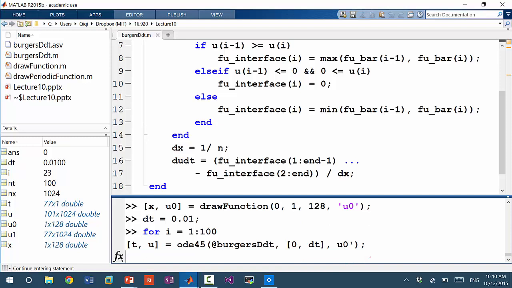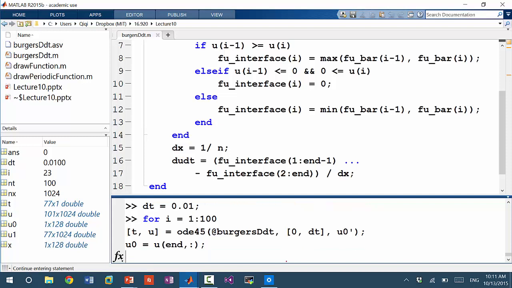I think that's right. Just trying to use the history. u is equal to, nope. So okay, u0 is equal to, nope. Okay, u and this, that's right. And what else? I'm going to plot.